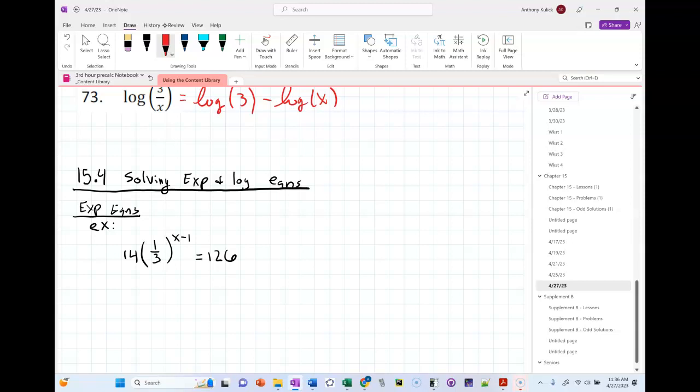If I can do that, then I can just set the exponents equal to each other and solve. So the first thing I'm going to do is try to get the base on the left-hand side, which I know is 1/3, by itself. So I have to get rid of that 14 that's out in front of it. How am I going to get rid of that 14? Yeah, just divide it over.